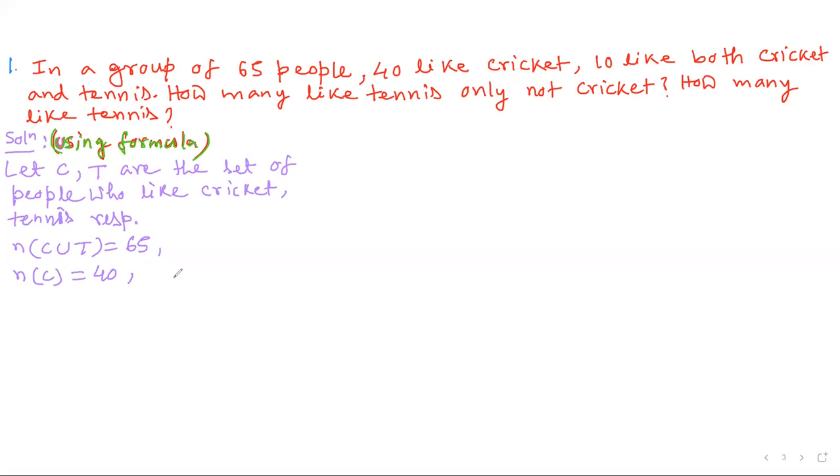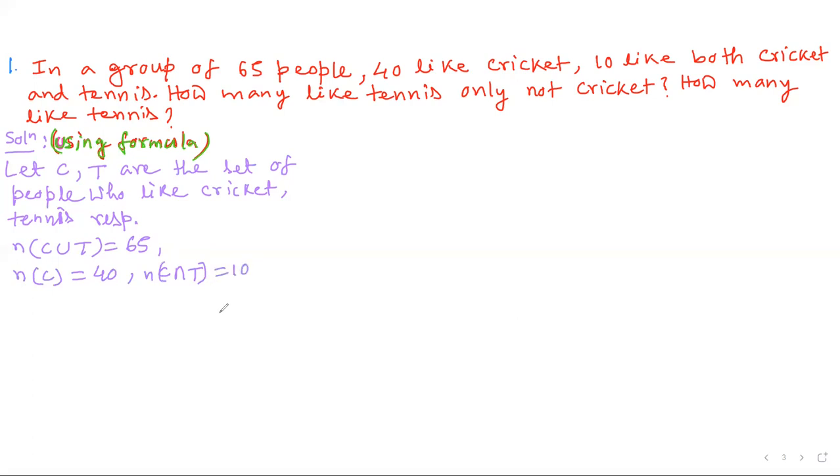Both cricket and tennis means, as I have already told, we can apply the notation C intersection T. For both A and B, we can use the notation A intersection B. So for both cricket and tennis, we can apply the notation C intersection T. So cardinal number of C intersection T is equal to 10. So these are the given data.